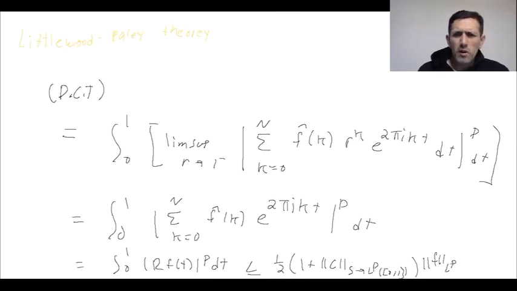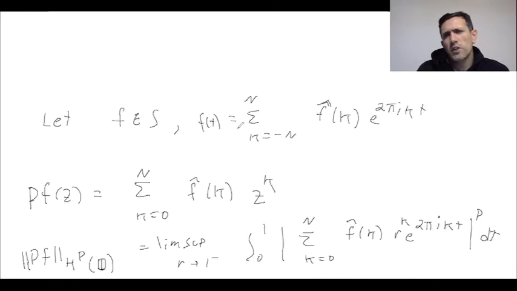So remember what R is. R takes any function and just cuts off the Fourier series. This throws out the negative terms of the Fourier series. So you do that for this function f, and we get k equals 0 to n. It's exactly what we have here.